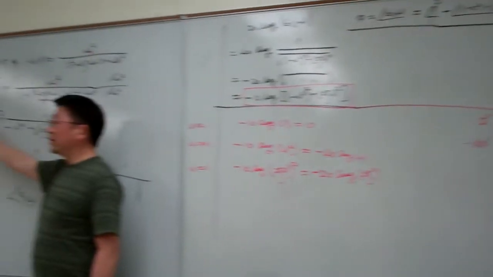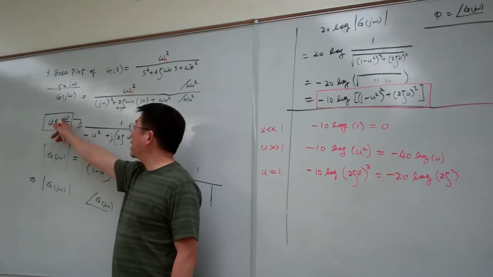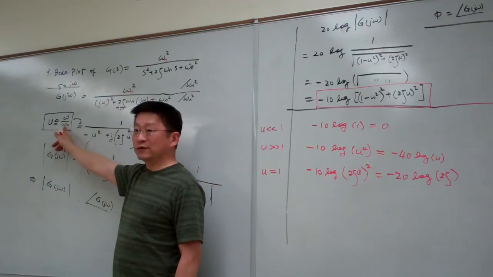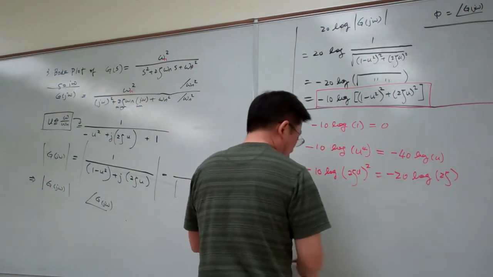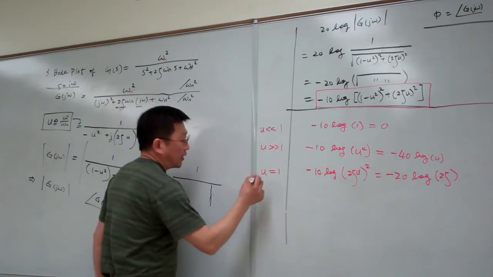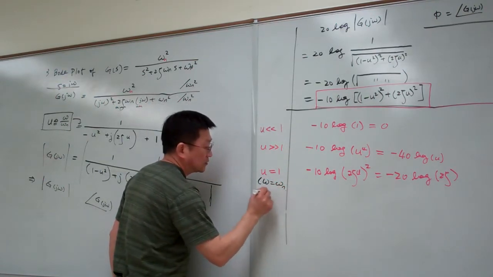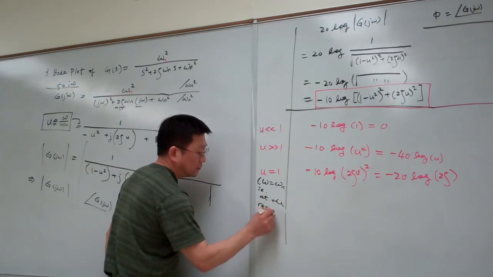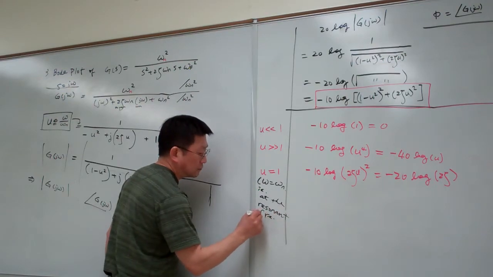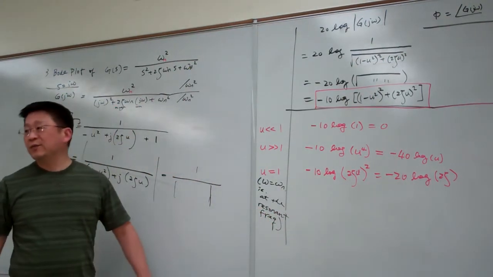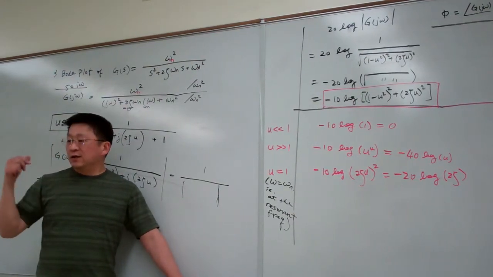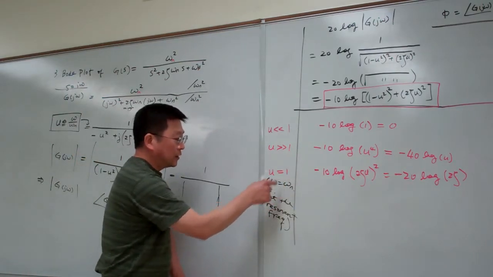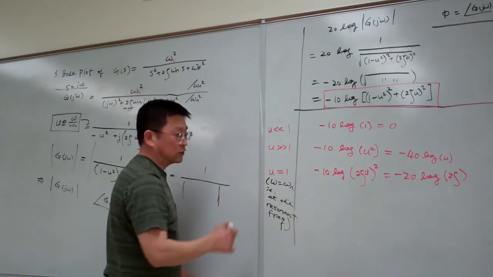When u equal to 1, that means omega equal to omega n, our operational frequency equal to the natural frequency. So that is at the resonant frequency. If the system is oscillating at the working frequency, and we set omega equal to omega n, then at the resonant frequency we have such a situation.